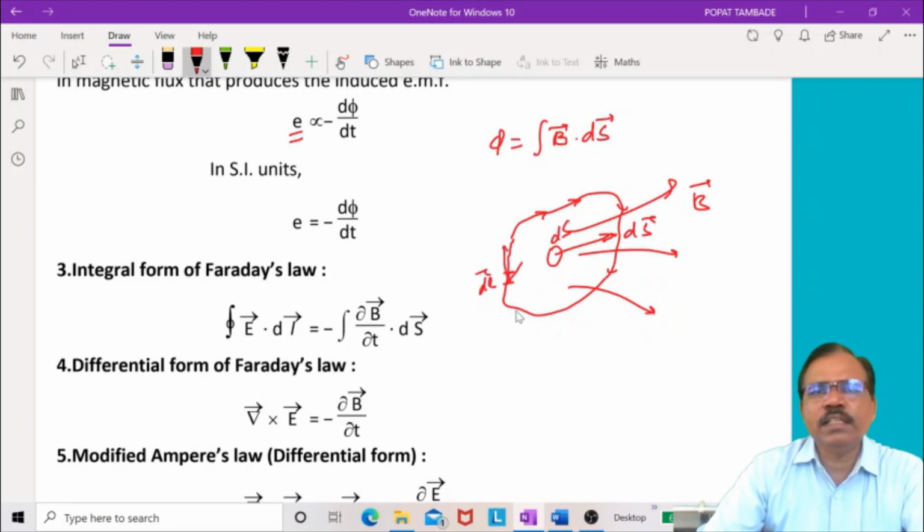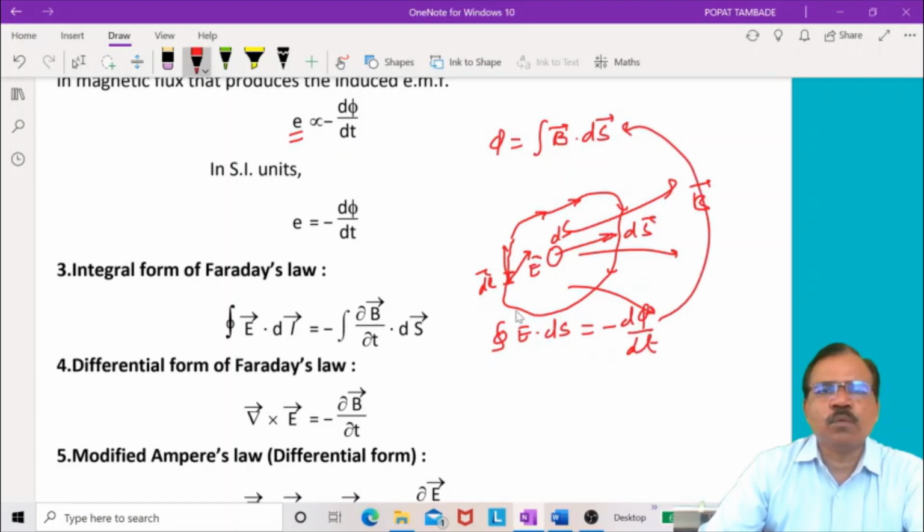and suppose E is electric intensity here, then we get integration E dot dl is equal to the induced EMF, that is minus dΦ/dt, and if we use this here we will get this. So integration E dot dl is equal to minus integration ∂B/∂t dot ds. This is called integral form of Faraday's law.